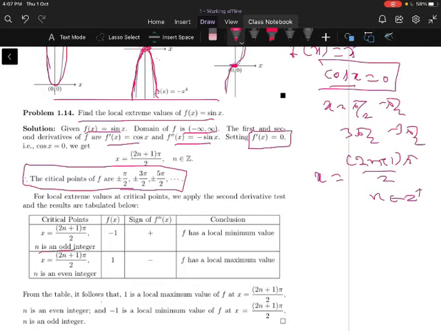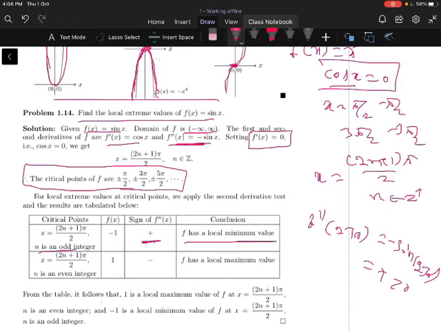Now at x equal to 3 pi by 2, minus 3 pi by 2, when n is an odd integer, and going on like this, what is f double dash of x? Suppose we take f double dash of 270 degrees. That is minus sin 270 degrees. What is sin 270 degrees?